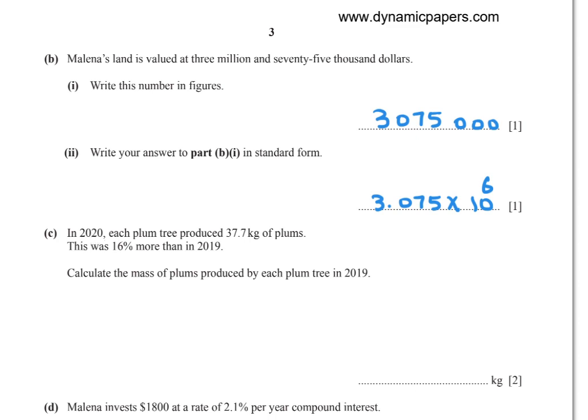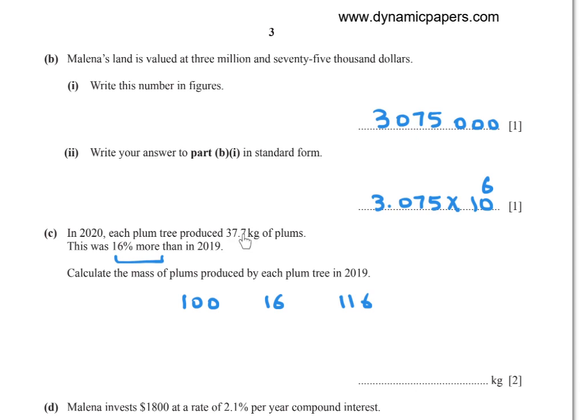In 2020, each plum tree produced 37.7 kg of plums. This was 16% more than in 2019. Calculate the mass of plums produced by each plum tree in 2019. So start from 16% more, this means it was 100, and increase by 16, now 116.